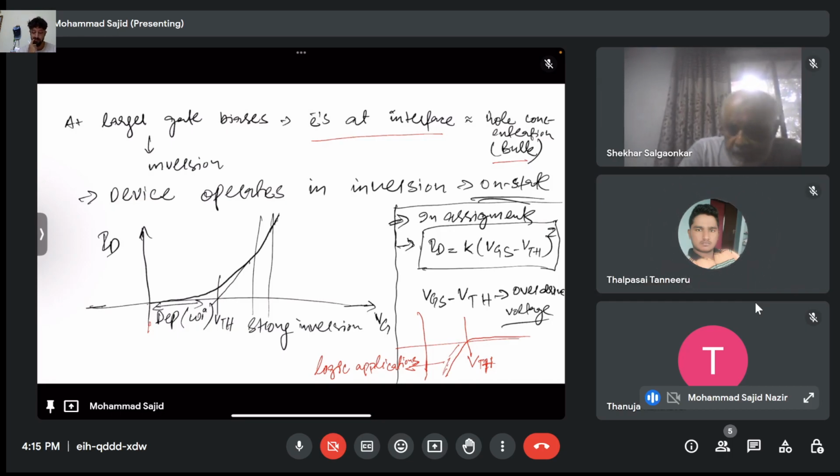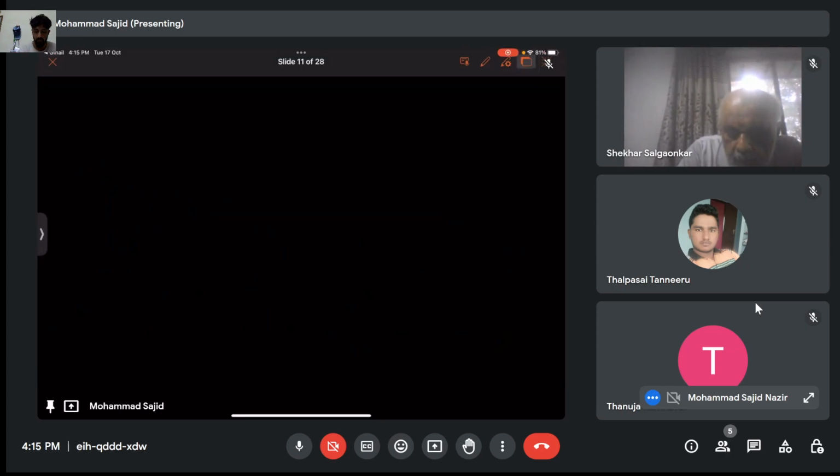Sure. Okay, so this was the basics related to this, and then we studied this. So what is pinch off actually? How does it happen? You have this MOSFET, you have this channel, right?